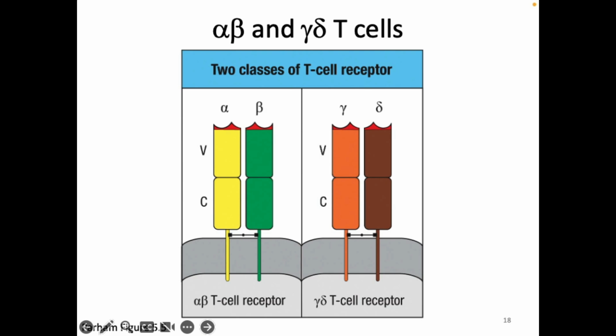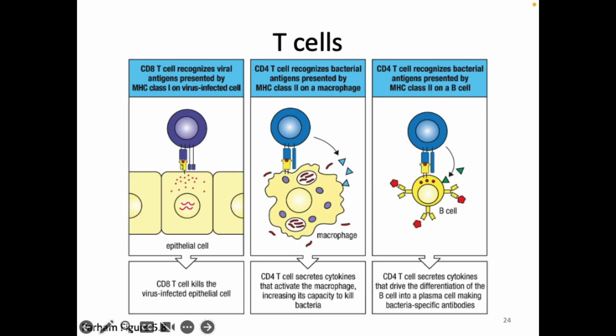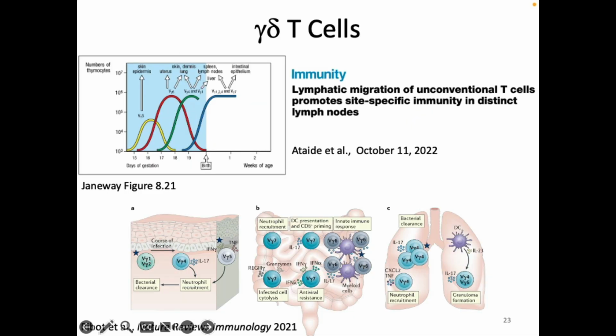If the cell chooses to be an alpha beta T cell, it will do all the T cell things that we'll talk about for much of the semester. If the T cell decides to become a gamma delta T cell, it will become a gamma delta T cell.